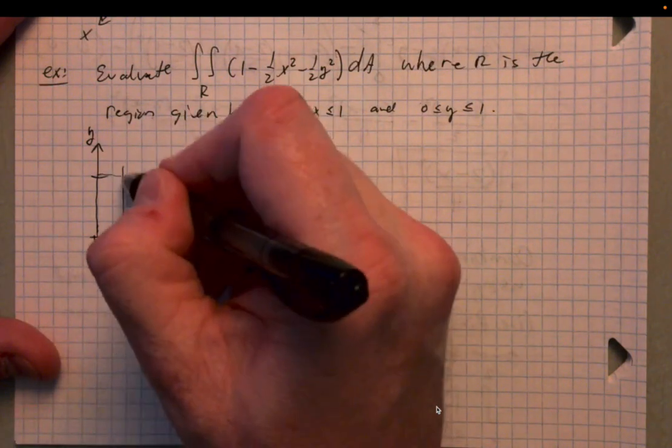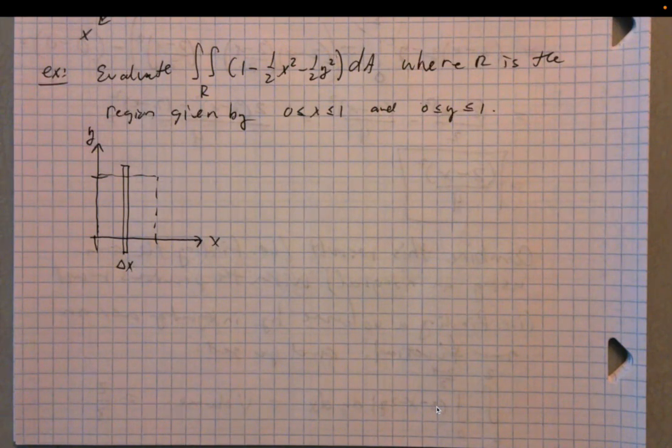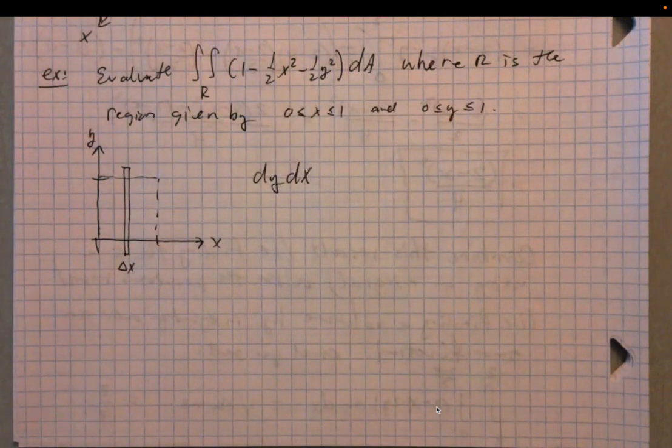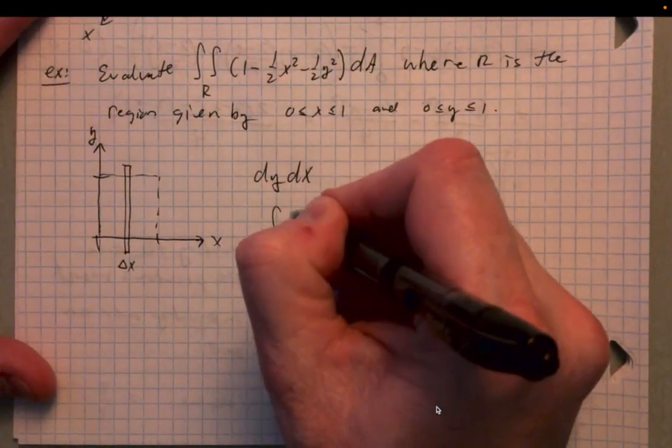I'm going to set up a delta x vertical across. It's going to sum across the x-axis, and so that's going to set me up for a dy dx order of integration. The integral here is pretty straightforward.